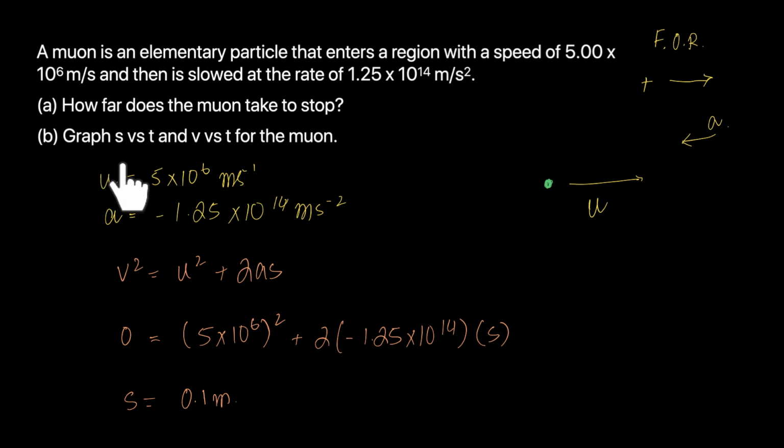For the second part, we have to graph distance versus time and velocity versus time. So let's bring it down here. All right, so what are we looking at? We are looking at distance versus time and velocity versus time.